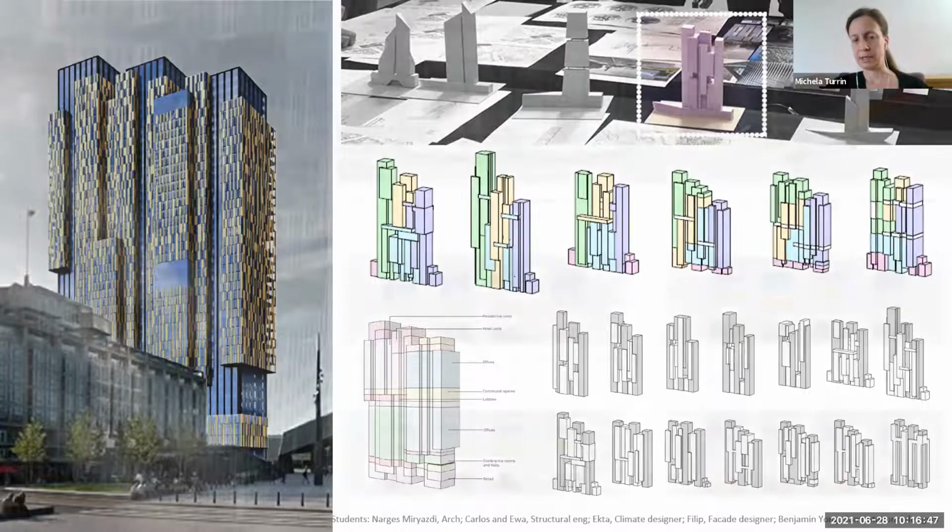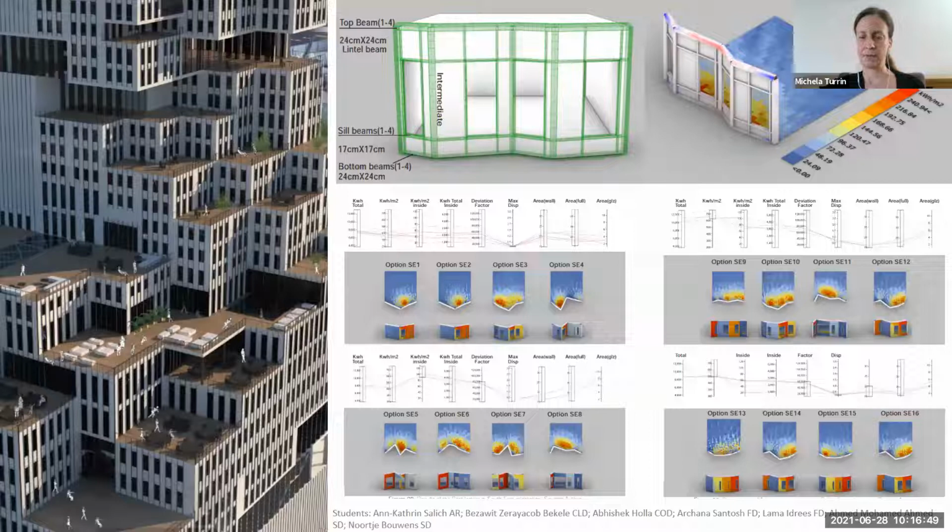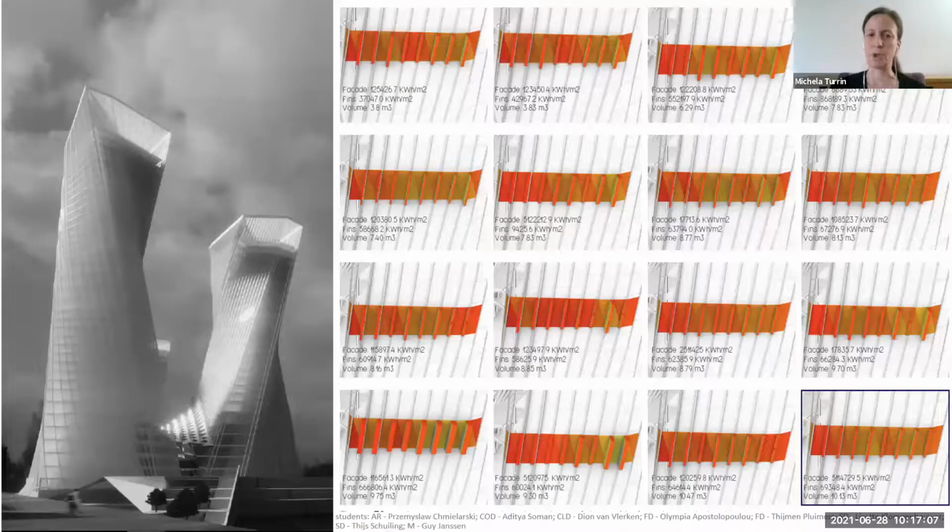Or we go more into the detail phase of the project, where optimization in this case is applied for the configuration of the facade, again in relation to mostly climate-related features, but also the relation it would imply with the definition of collective spaces in front of it, or in case of complex geometries. This is an example where students were applying it for the definition in their project of the fin systems in the facade, therefore encapsulating also a logic of production.